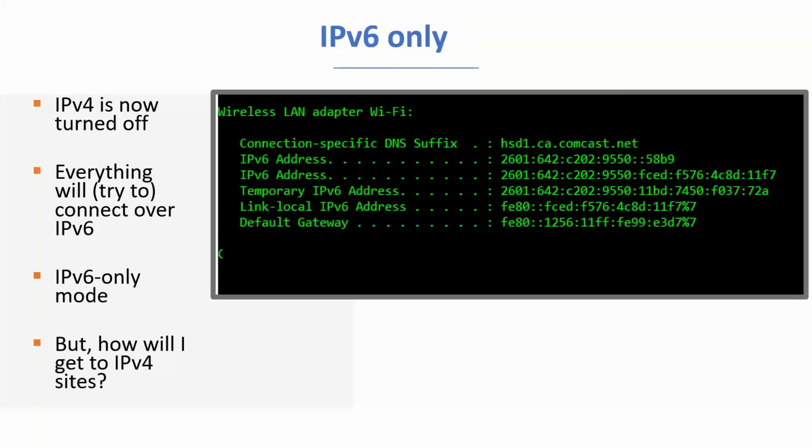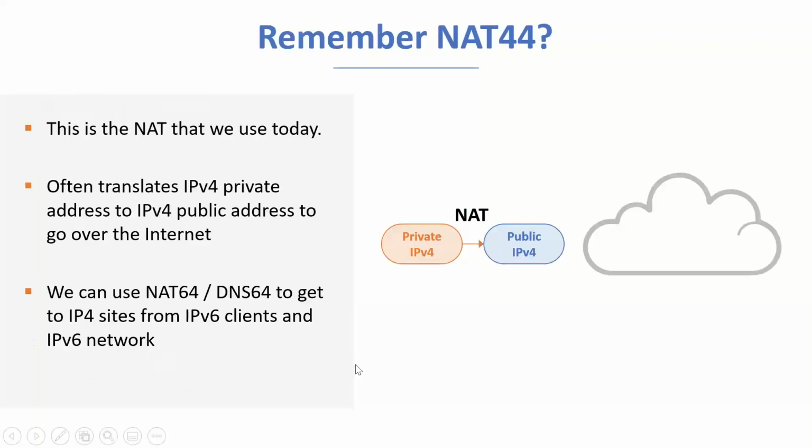So now, if there are things that are v4 only, then I'm not going to be able to connect. But if the servers or whatever I'm trying to get to are dual stack, then it will go through v6. So then, of course, the question is, what's going to break and how am I going to get to v4 sites? So let's keep going here.